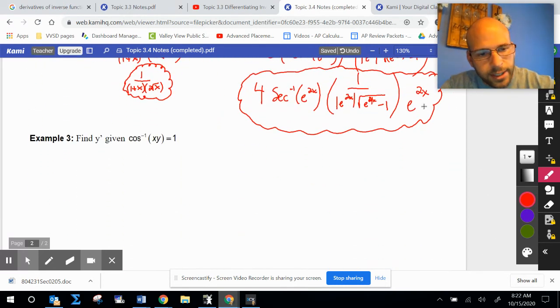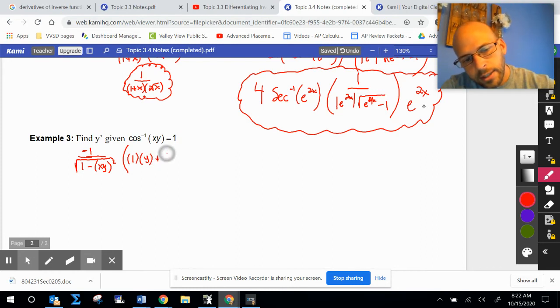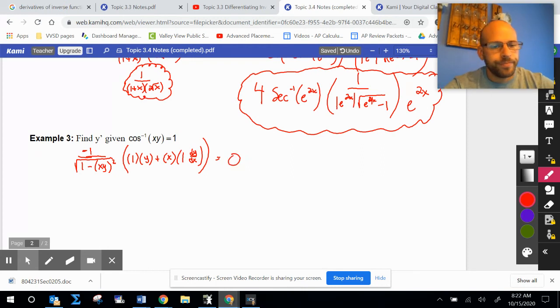So if I take the derivative of cosine inverse, okay, I'm going to get a negative 1 over the square root of 1 minus xy squared times, now the derivative of the inside, so I'm going to use a little product rule. So 1 times y plus x times 1 and dy dx, because we just took the derivative of y, equals the derivative of 1 is 0.